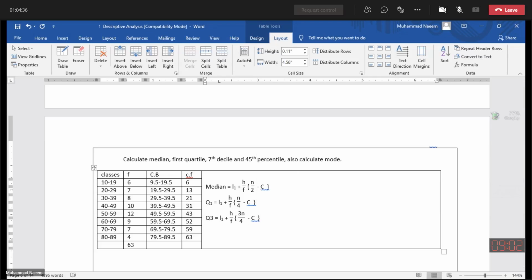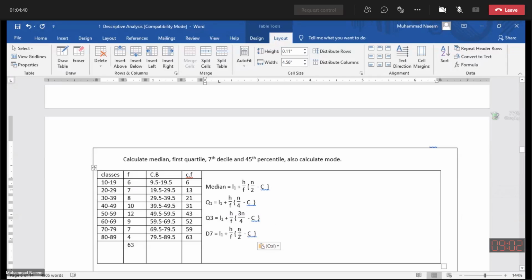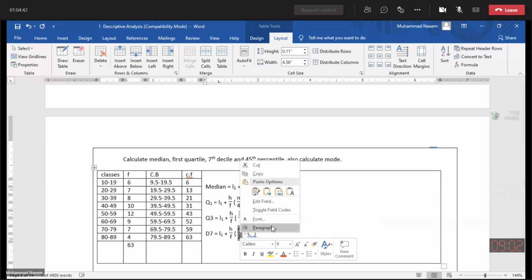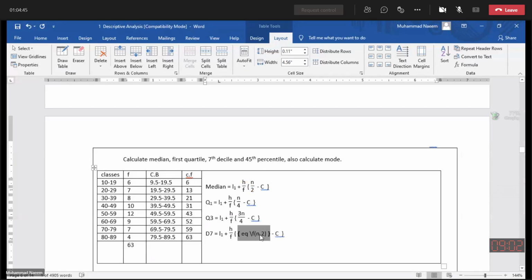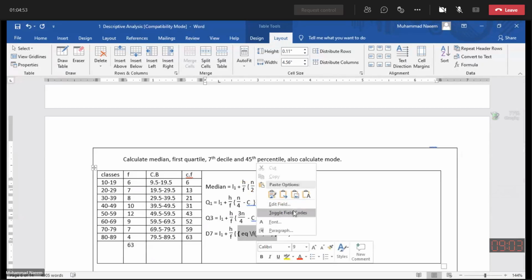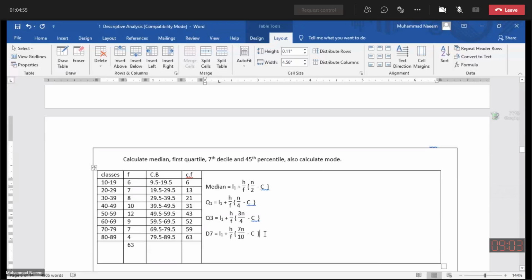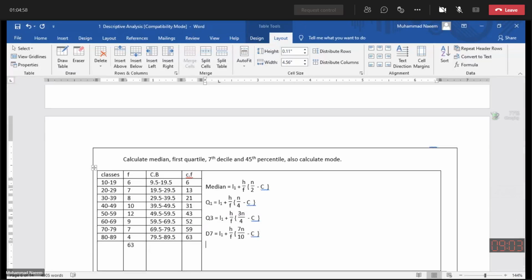Next we need D7. For D7, change this ratio. This ratio for D7 is 7n by 10. Rest of the formula is the same. And finally, we need P45.